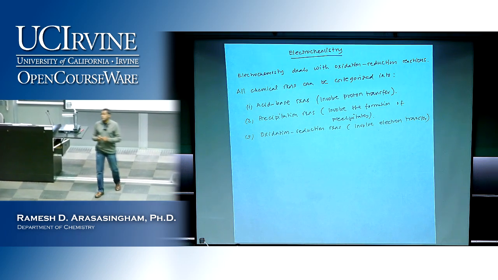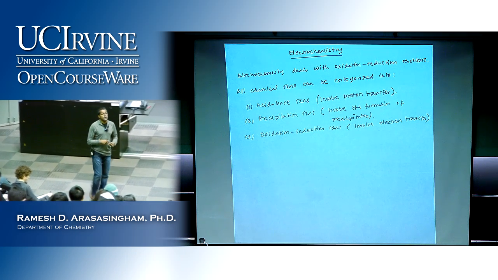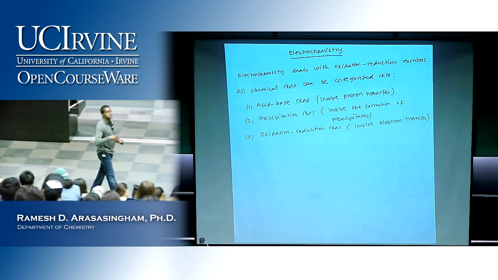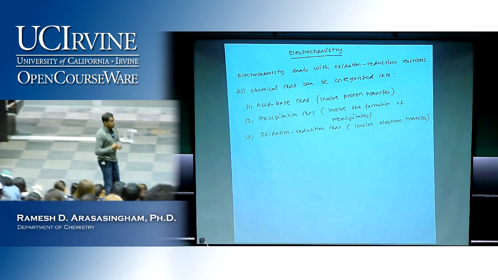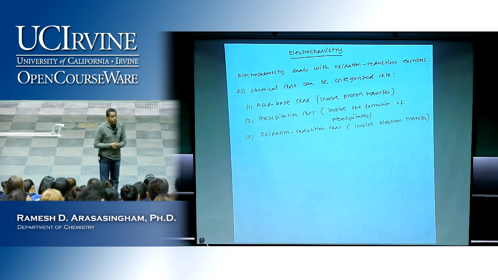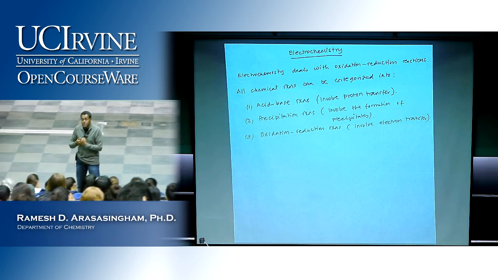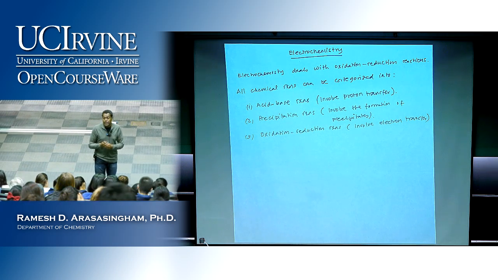So when you deal with oxidation-reduction reactions, what you are looking at is electrons being transferred from one substance to another. So one substance gives off electrons, and we call that the electron donor. And the other substance picks up the electrons, and that's the electron acceptor. And the end result is that electrons are being transferred.